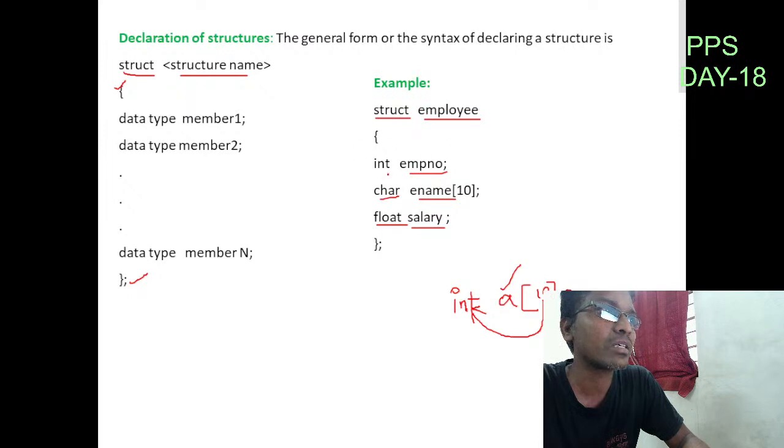So in a structure also, like in an array where all 10 elements have a common name, the different types of structure members will also have a common name. But in a structure you use different data types, whereas in an array you use only similar data types. So that is the difference between structures and arrays.